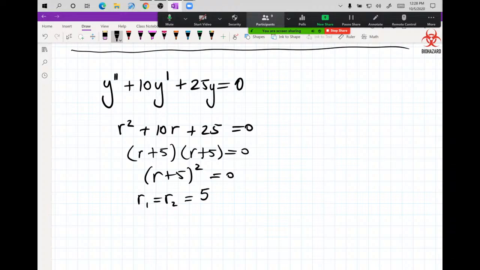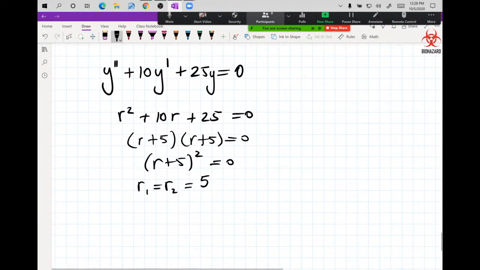If you try to write the solution, you get exactly the situation that I told you you're not allowed to have, where you get c1 e to the -5t plus c2 e to the -5t, and you can just put them together.